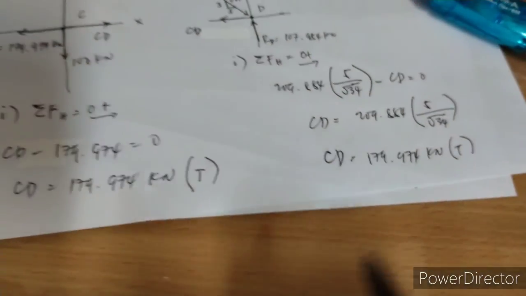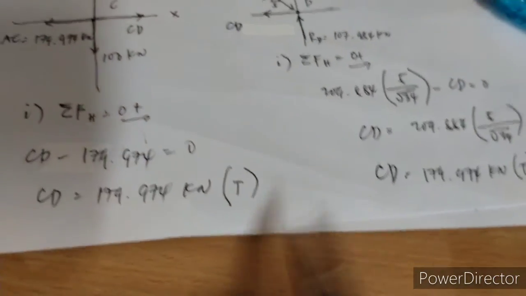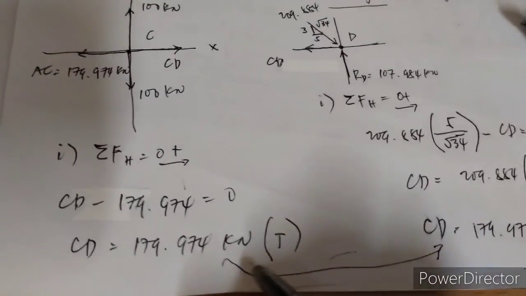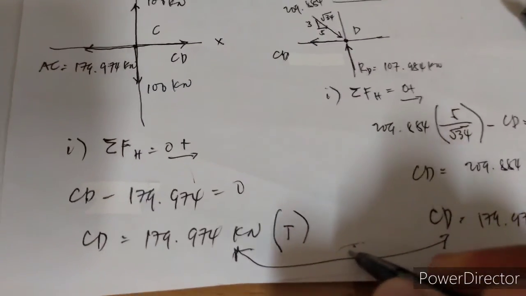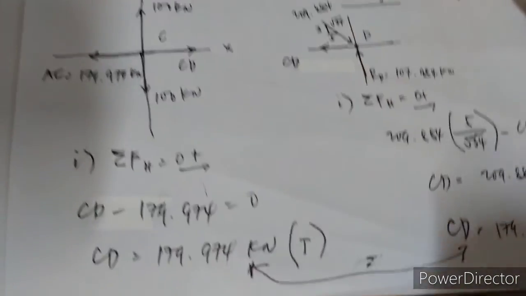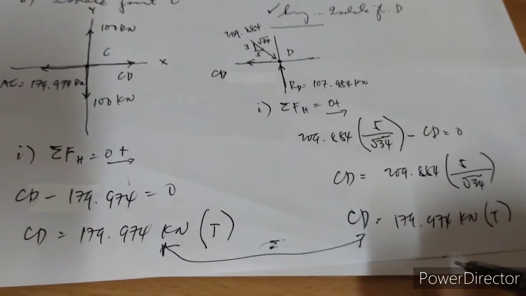So did we have the same answer using joint C and joint D? If you look at the answers, they are the same, they are equal. So we have analyzed the truss correctly.